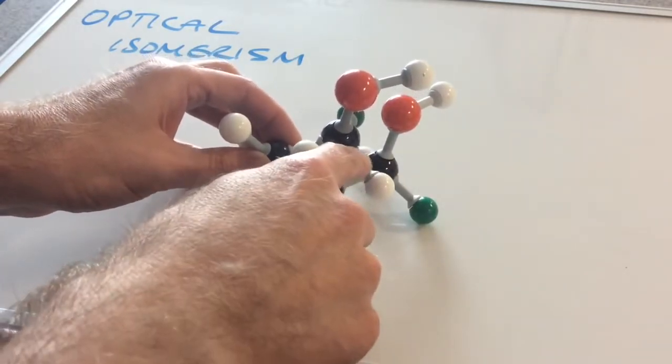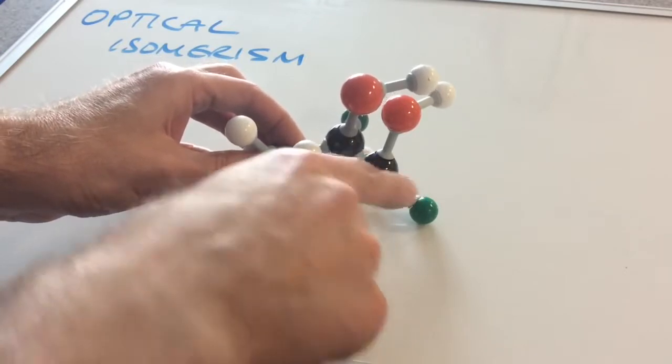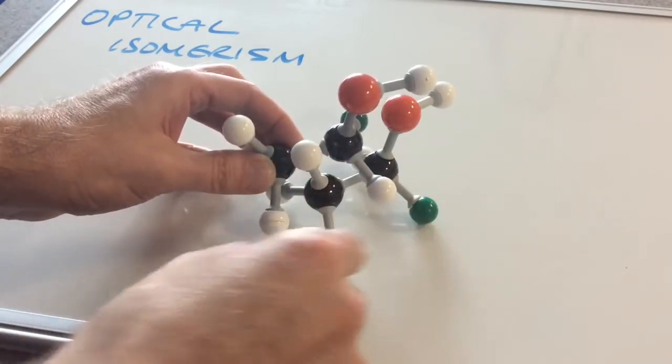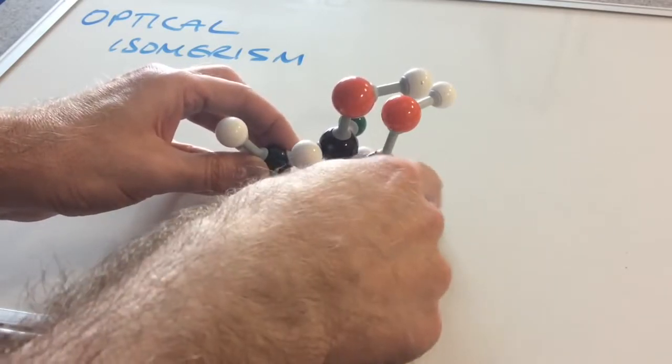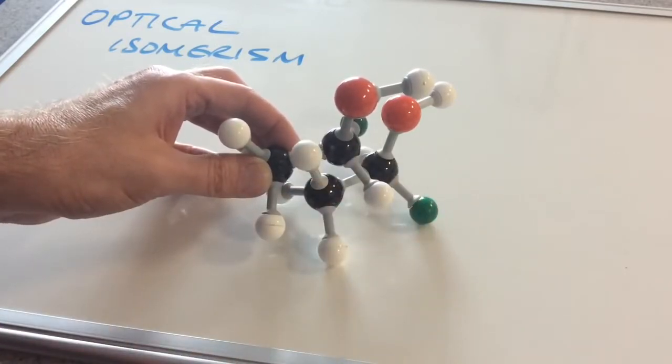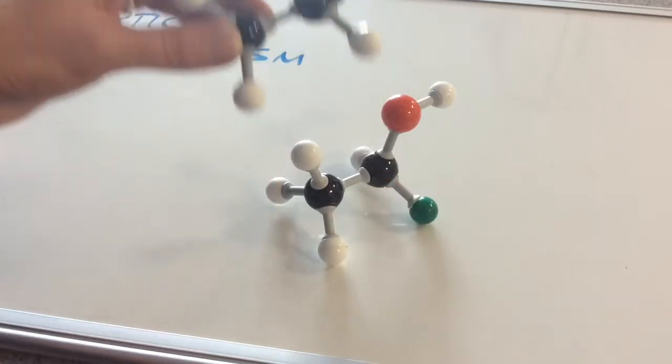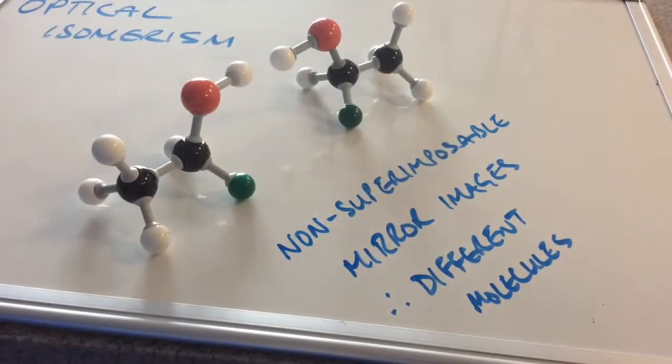And so you can see this white, this hydrogen, is pointing in this direction on this molecule, whereas this one here, the green atom, is pointing in that direction. And so because these two mirror image molecules are non-superimposable, they are therefore different molecules.